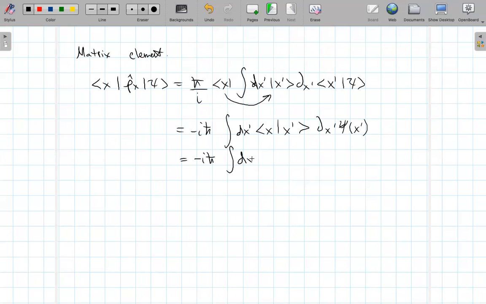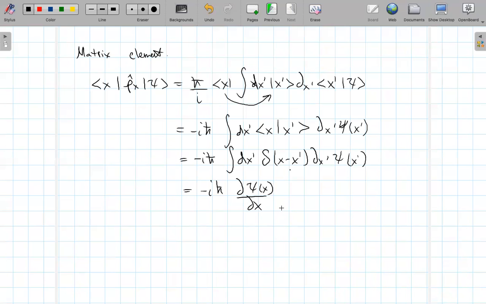Dirac delta function. So it's going to be dx prime delta of x minus x prime partial with respect to x prime of then psi x prime. But when we do the integral over x prime, all that's going to do is force all the x primes to then be x's. So finally, this is going to be equal to minus i h bar partial of psi of x with respect to x.